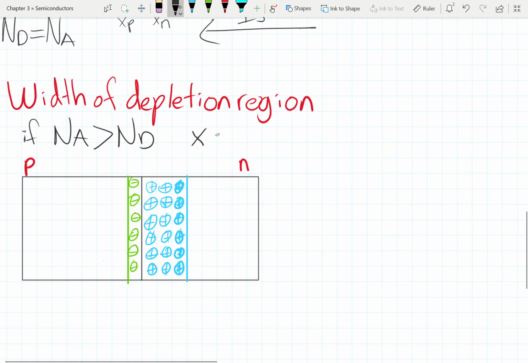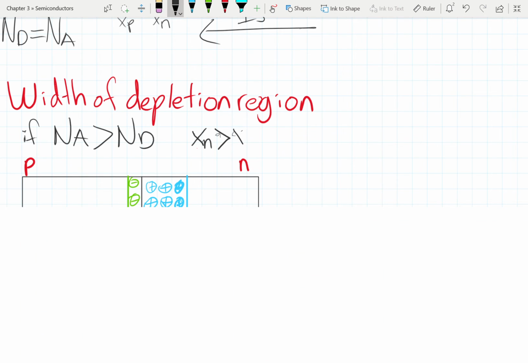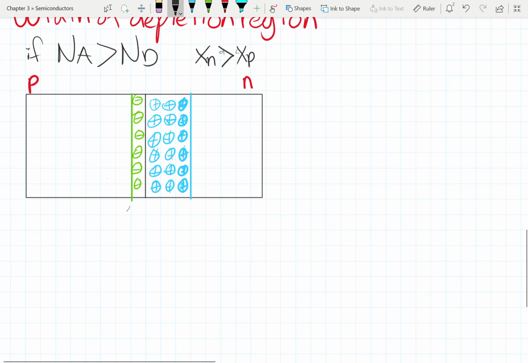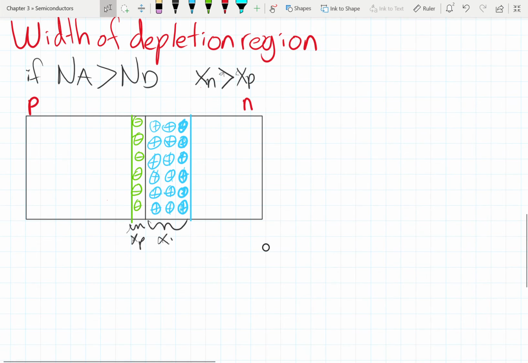So Xn is going to be greater than Xp. And you guys can see that here. We have this being Xp and this being Xn. So again, the width on the lightly doped side is wider than on the highly doped side.